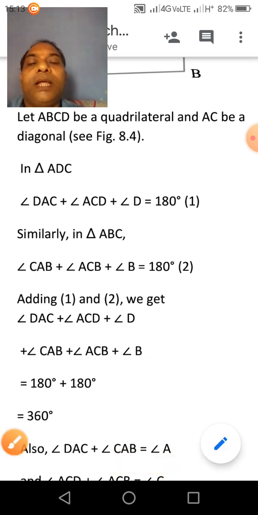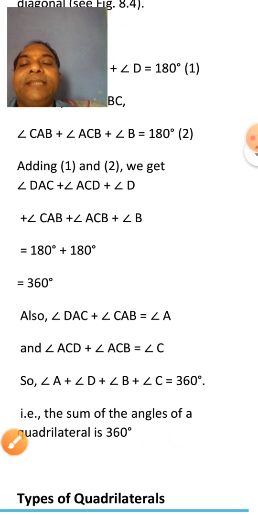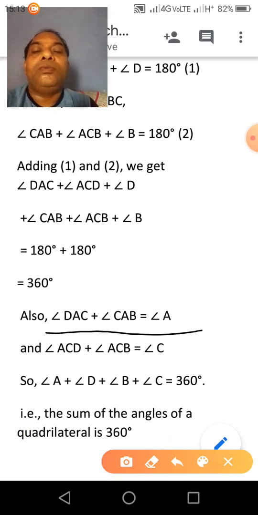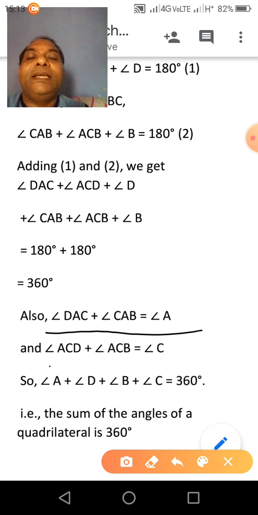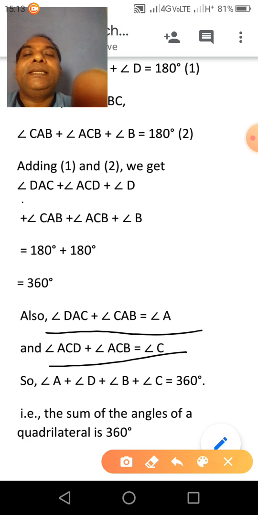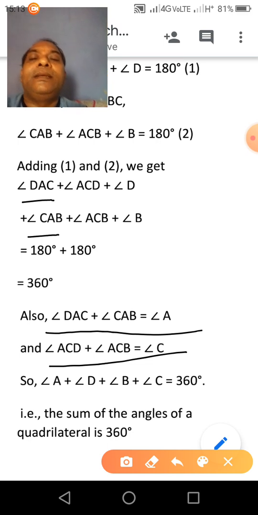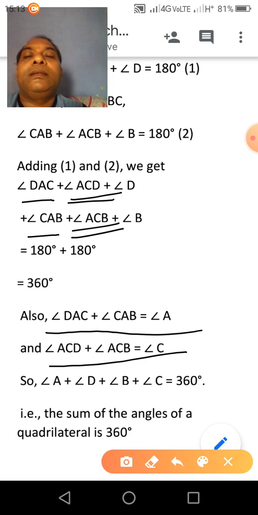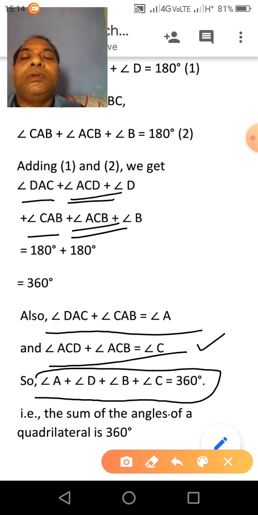Clear? Now angle DAC plus angle CAB is equal to angle A, and angle ACD plus angle ACB is equal to angle C. Then we have angle A plus angle B plus angle C plus angle D is equal to 360 degree.